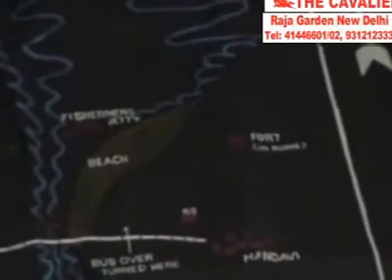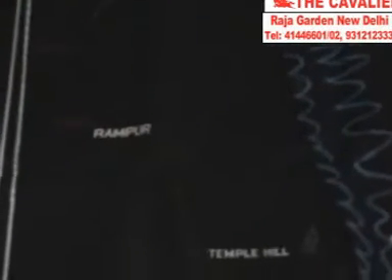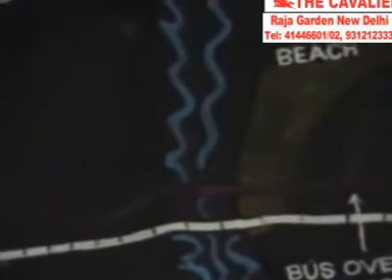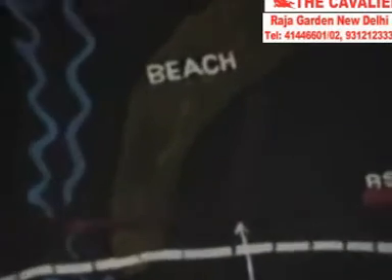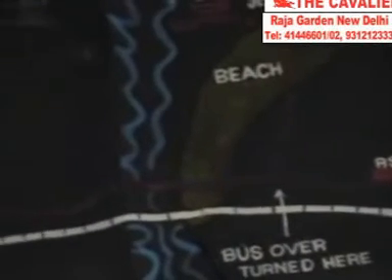In the mainland you find one red band running north to south. It goes over Rampur, takes a turn, keeps moving, goes through Pandu village, crosses this water body, crosses the yellow portion of the beach and finishes at Mandavi. This thick red band represents a metal road, Pakki Sadak.